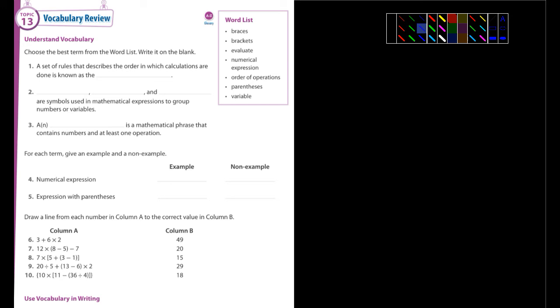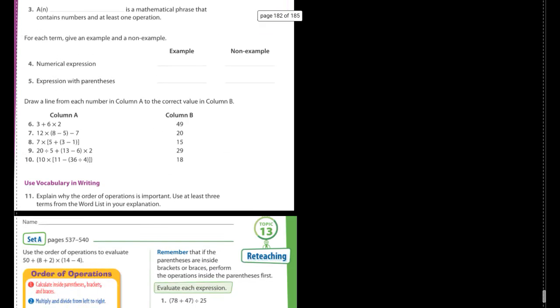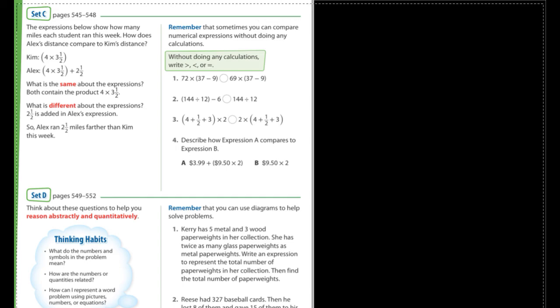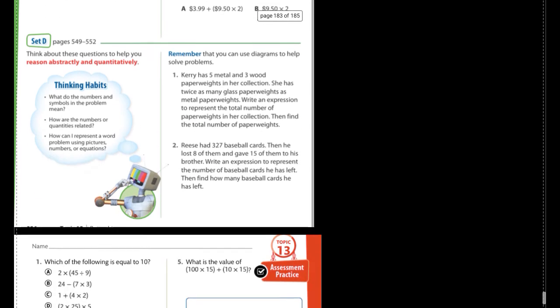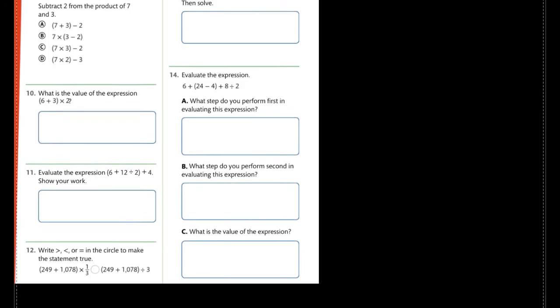Okay. So this week, your work is review of chapter 13, and it's going to be the following pages. The vocabulary review, which is on page 554, and then the reteaching, which is on 555 and 556, and then the assessment, which you'll find on 557 and 558.